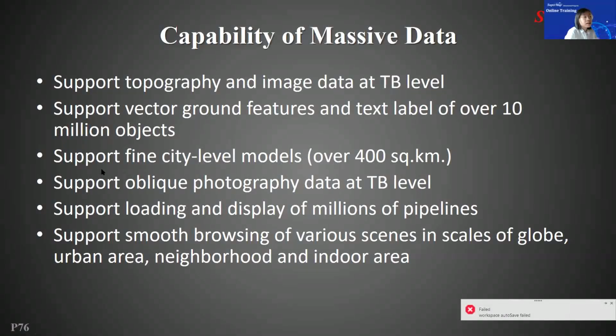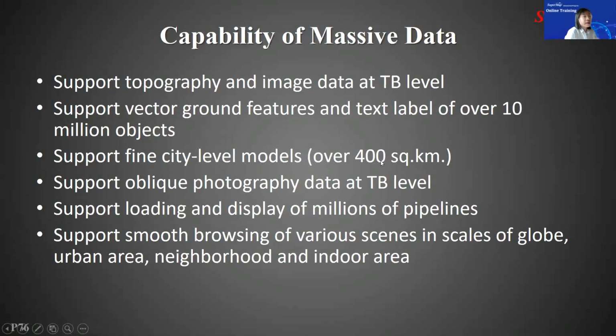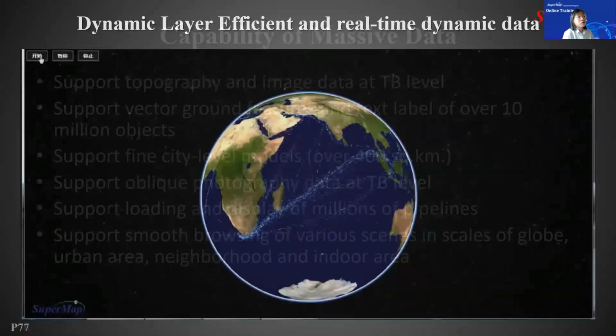We can also show city-level models over 400 square kilometers, support oblique photogrammetry models at TB level, and load and display millions of pipeline data. And of course, most importantly, we have very good performance when browsing various things at different scales, such as urban planning models and indoor models.